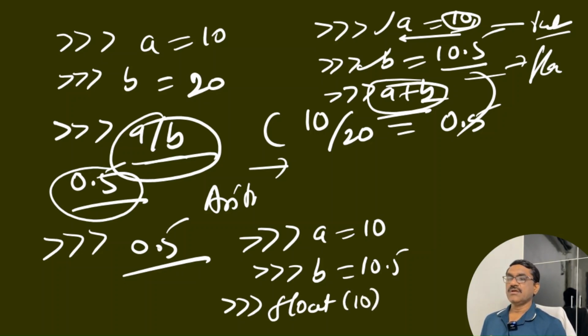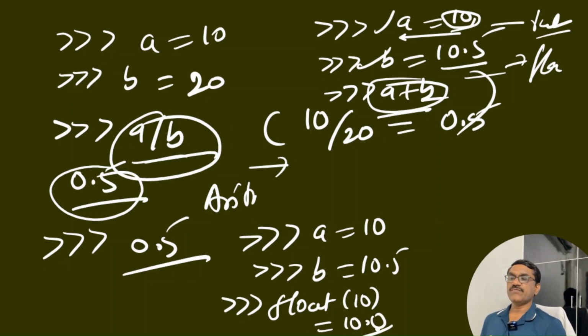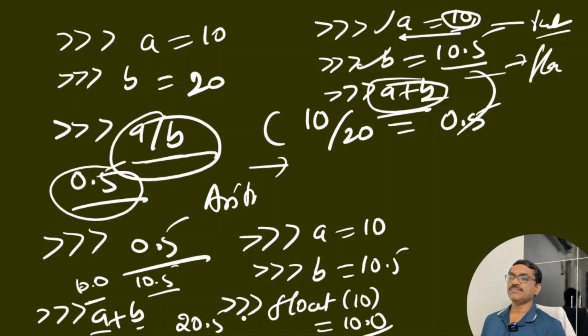When you say float of 10, this is converted into 10.0. That means it is a floating point object. Now after converting A into a floating point object, you can say A plus B, then A is the floating point object 10.0 and B is another floating point object 10.5. The result we are going to get is 20.5.